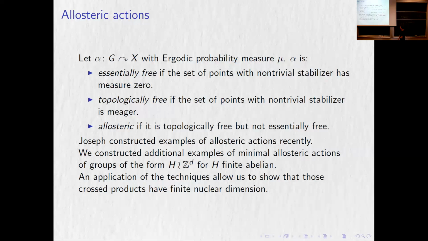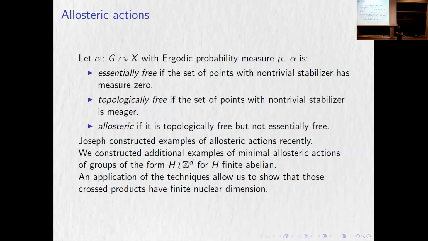So Joseph constructed those things several months ago. We don't quite know how to deal with his examples. We have some idea, but it doesn't fall into our framework. But we constructed other examples where we can deal with them. In particular, we have examples of Reith products of finite abelian groups by Z to the D. So for example, the Lamplighter group is a Reith product of Z2 by the integers.